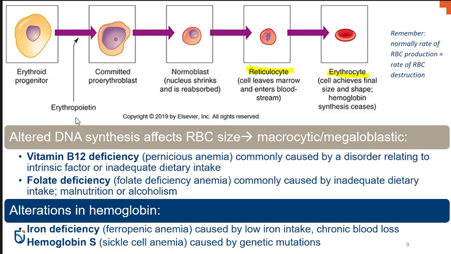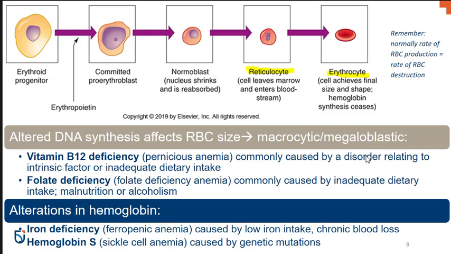So if somebody is deficient in a certain vitamin, it can affect the DNA synthesis of that red blood cell, which can lead to a change in that red blood cell size. And so we call these macrocytic or megaloblastic anemias. Macrocytic, we talked about that being a large cell. Megaloblastic is another term that you might see, just means large, mega, large.